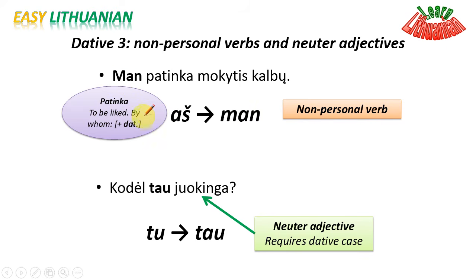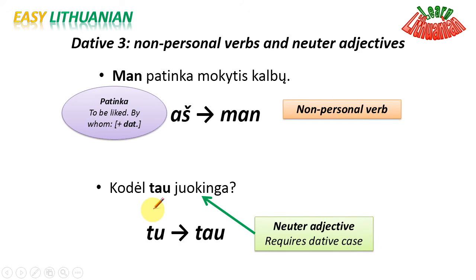Patinka, to be liked, by whom? The dative case. This is a non-personal verb, but there are some other verbs that are non-personal, so you have to use man, tau, man for me, tau for you, jam for him, mums for us, and so on. You have to use dative case.